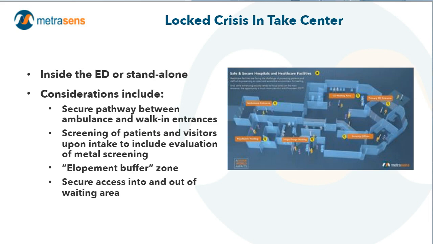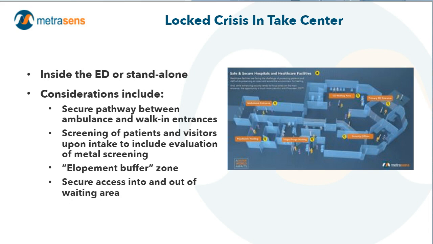This is a pretty good graphic that shows a locked crisis intake center. I'm seeing more and more of these around the country, either inside the emergency department or standalone. You want to make sure you've got a secure pathway between the ambulance area and walk-in entrances, and screening of patients and visitors upon intake, to include evaluation of metal screening.